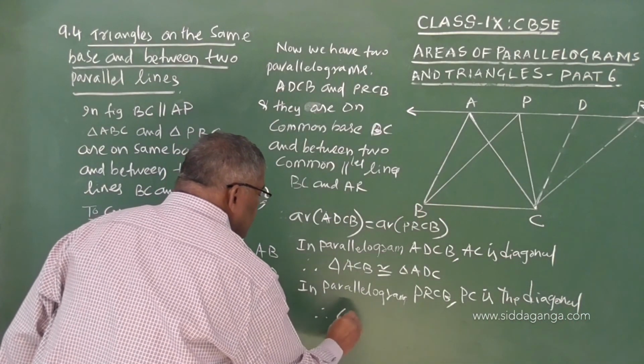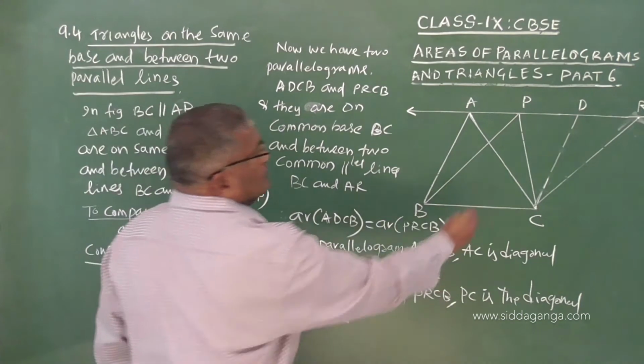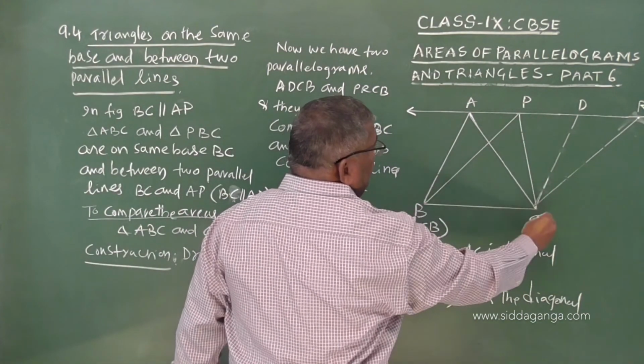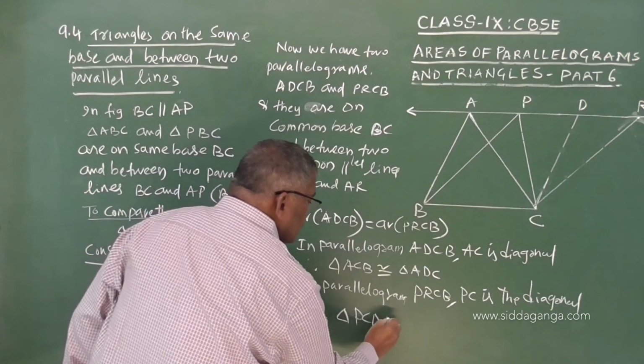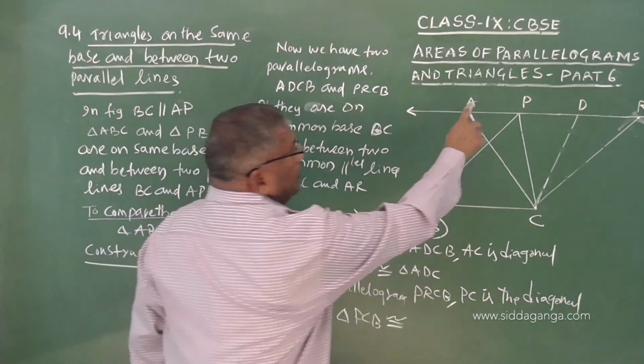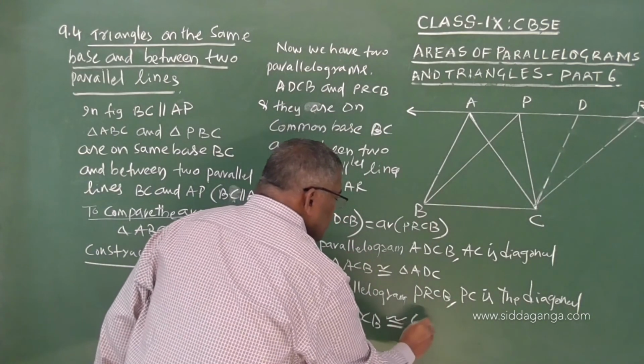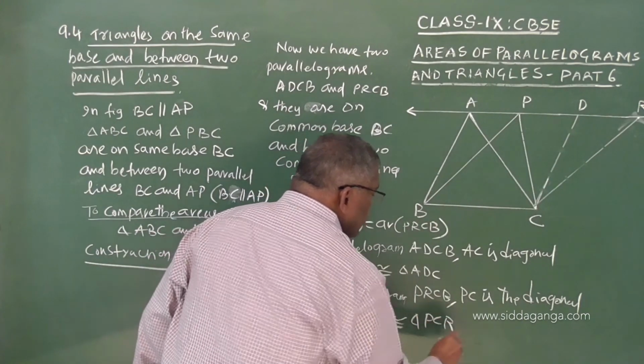Therefore, triangle PCB is congruent to triangle PCR.